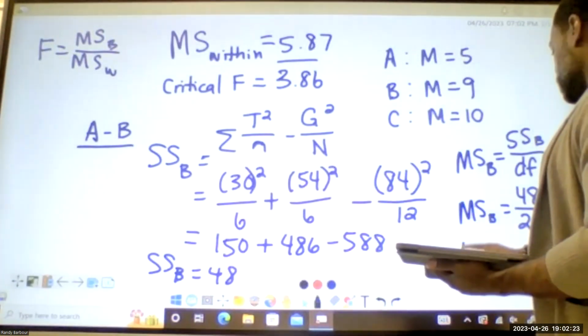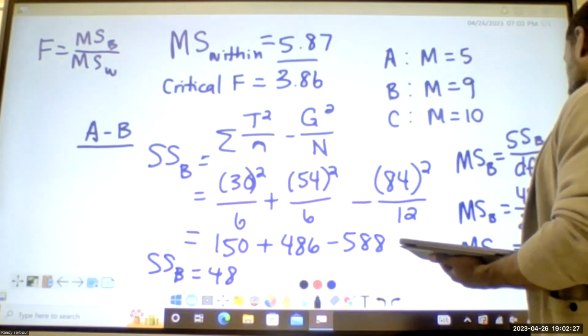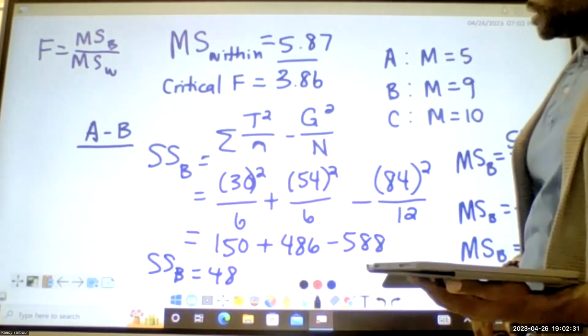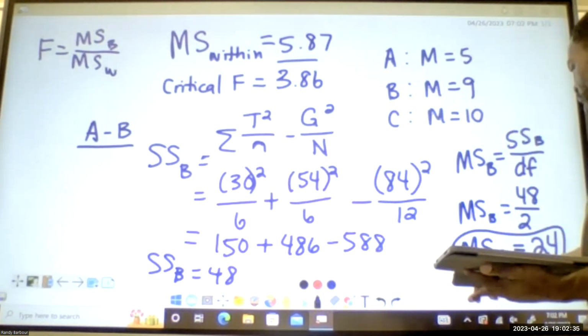That's going to give me mean square b equals 24. So again, that is my mean square between, I need that.